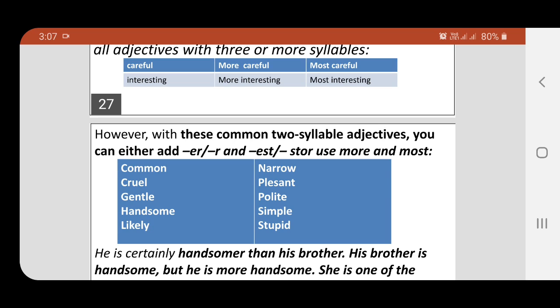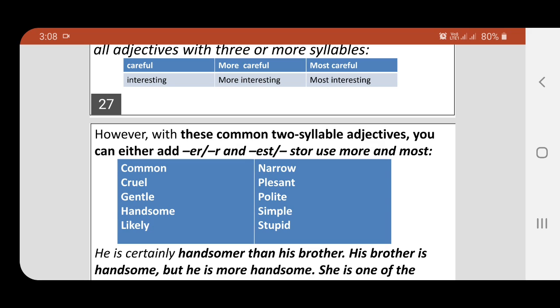You can say most common, more common. Sometimes you can add er: commoner, crueler, gentlest, handsome, likely. These are some of the two-syllable adjectives which are modified by adding er and est.